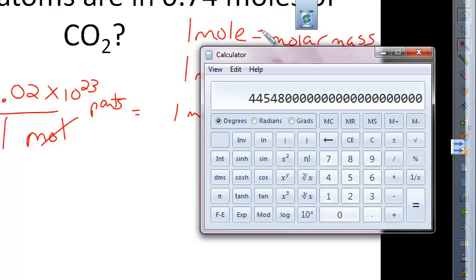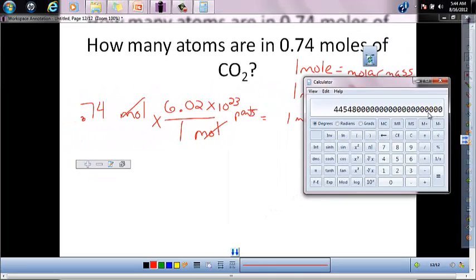So we know we're going to need 2 sig figs, so 4.5 times 10, and then we have to count all these little things over here. So let's go ahead and count. We've got 1, 2, 3, 4, 5, 6, 7, 8, 9, 10, 11, 12, 13, 14, 15, 16, 17, 18, 19, 20, 21, 22, 23.